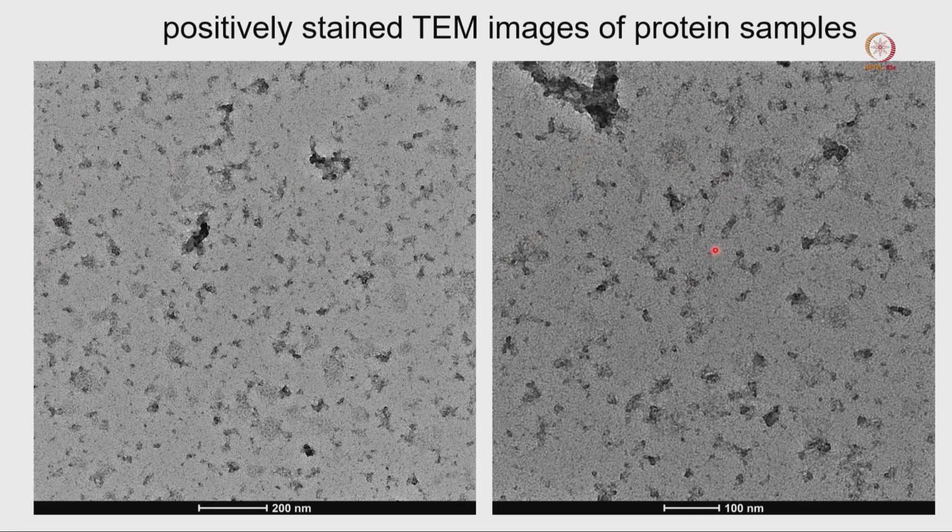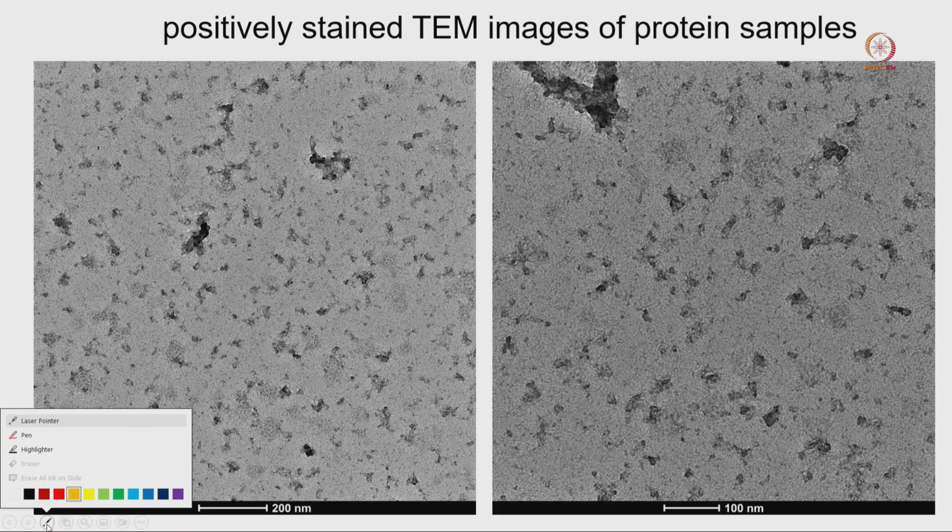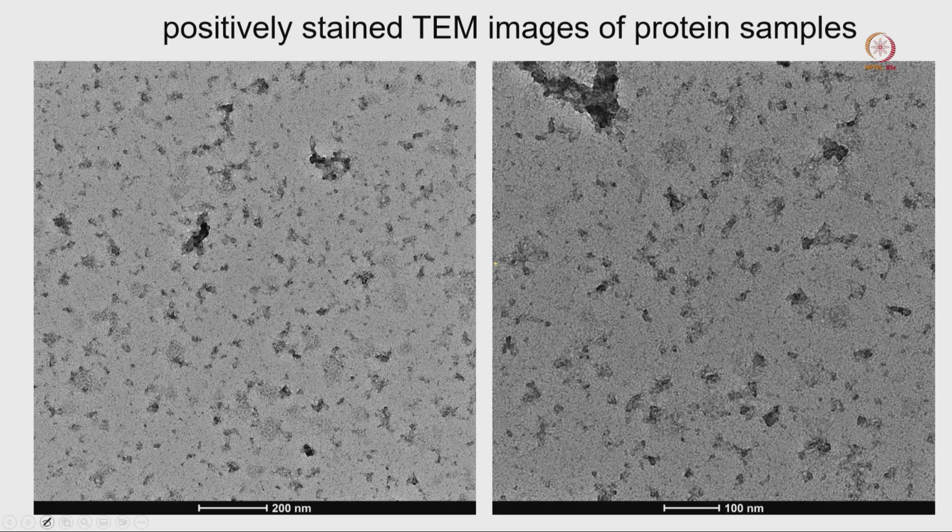In this case also you have a huge white background, and then some protein samples or something else which absorbs a lot of stain. So in this case, the sample basically absorbs stain and your background staining is not correct.